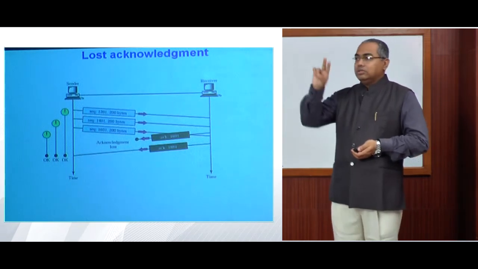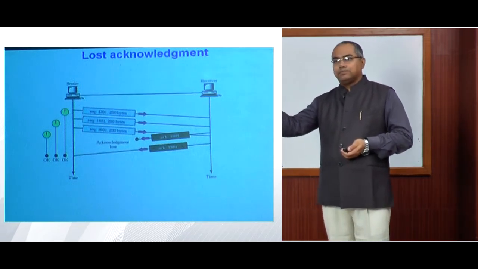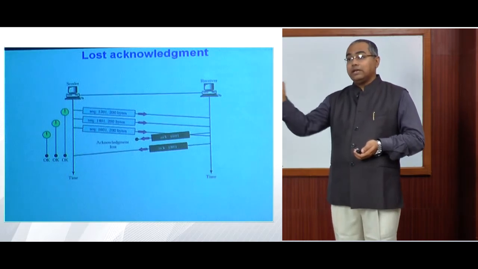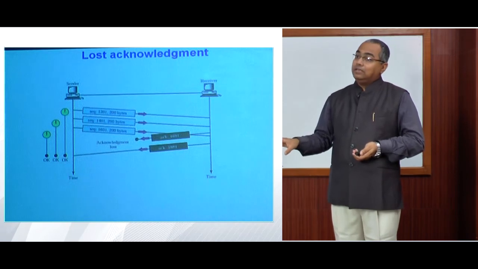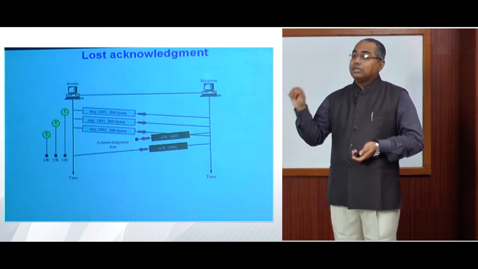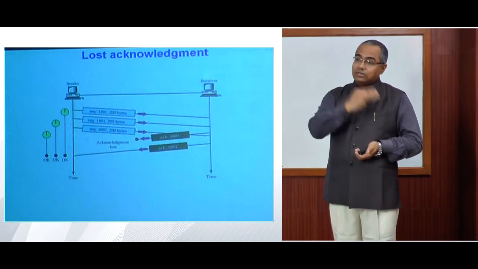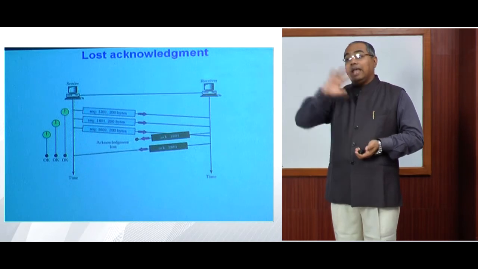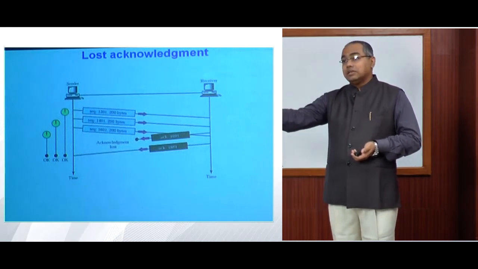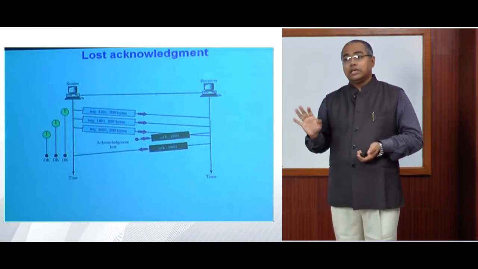That tells you if the second segment is received in corrupt manner by the receiver, and third segment has been received properly, receiver must not acknowledge third segment. Why? Because if the third segment acknowledgement comes to sender, sender will understand everything till third segment has been received properly, which is not the case.